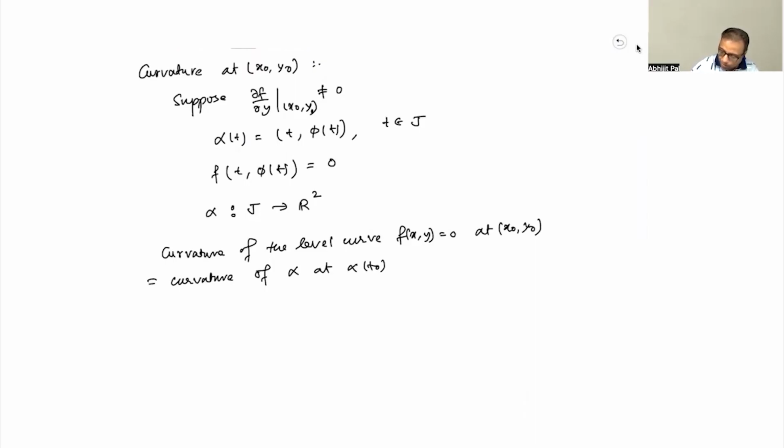So what is alpha(t0)? Alpha(t0) is the point (x0, y0). So what will be the curvature here?